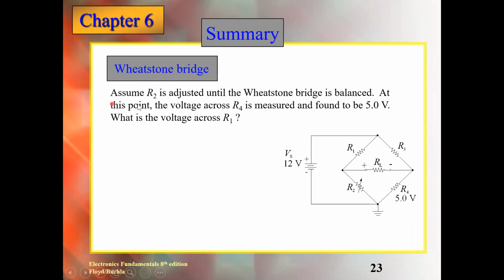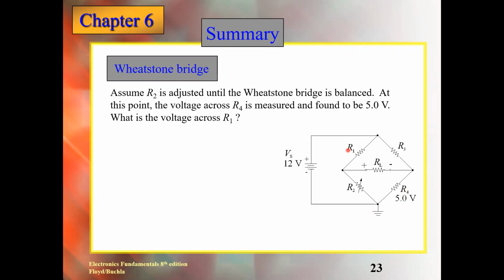At this point, when it is balanced, the voltage across R4, not the resistance, the voltage across R4 is measured and found to be 5 volts. So it is given at that time 5 volts. What is the voltage across R1? R4 is given, they are asking the voltage across R1.